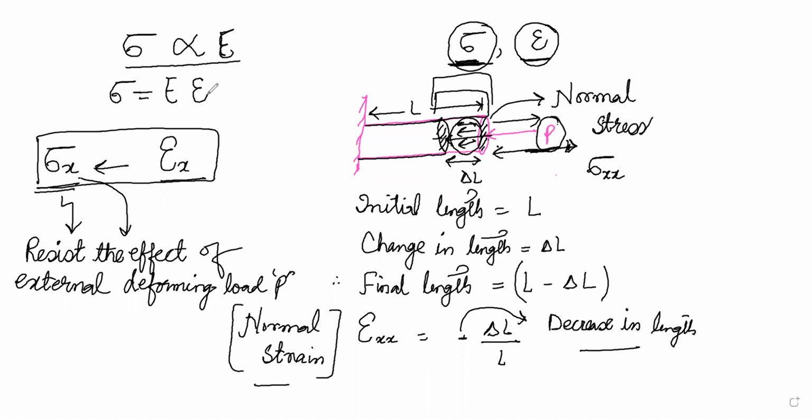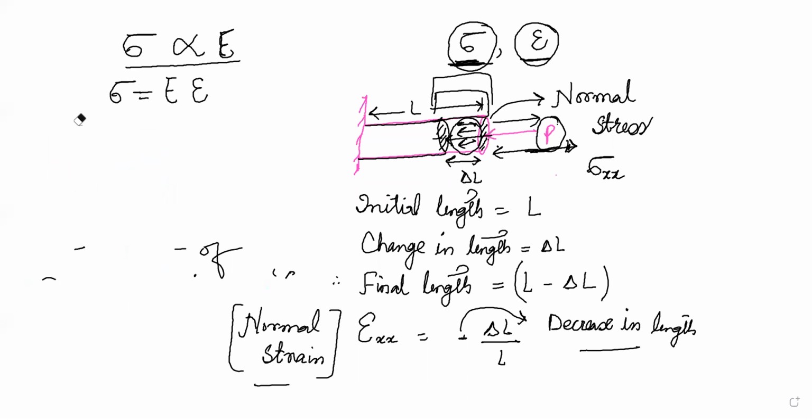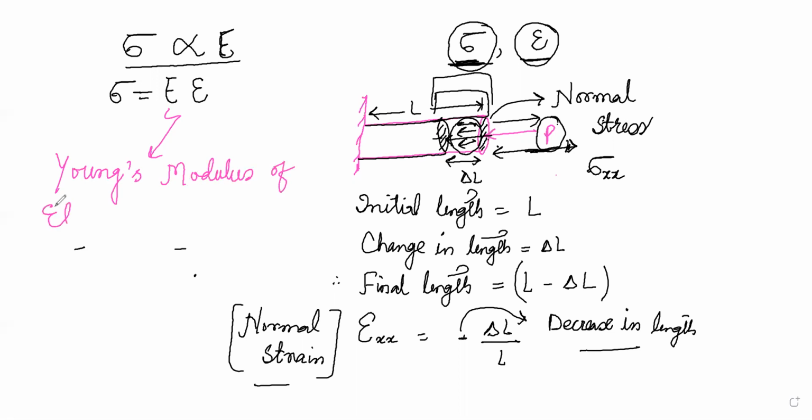This constant is a very important constant as far as solid mechanics is concerned, and we call this constant the Young's modulus of elasticity. We call this Young's modulus. Now, how do we define it?